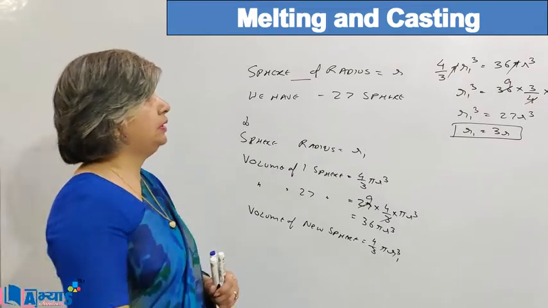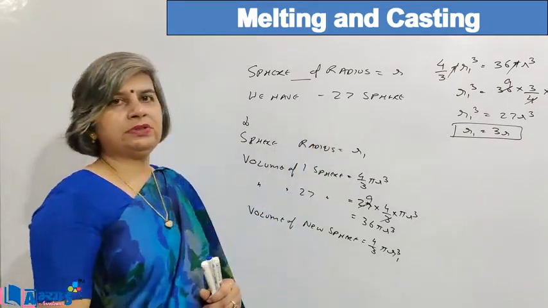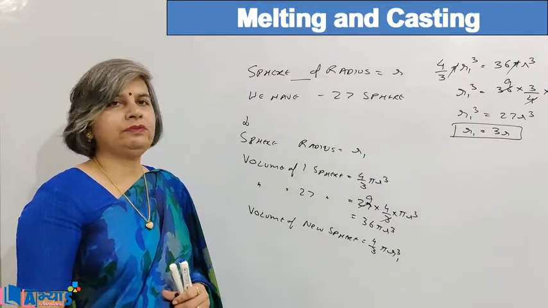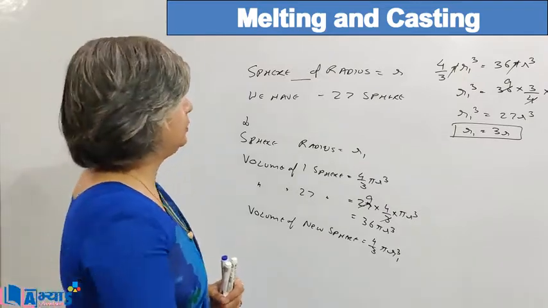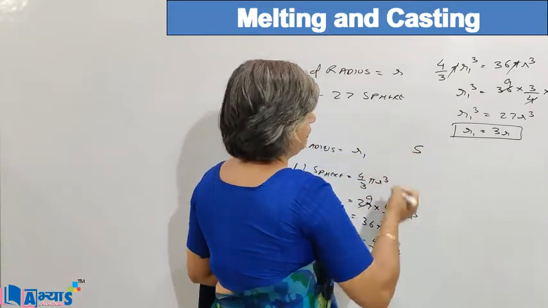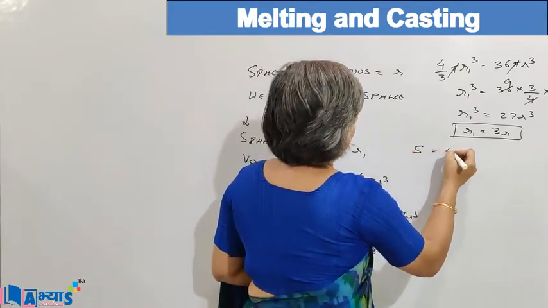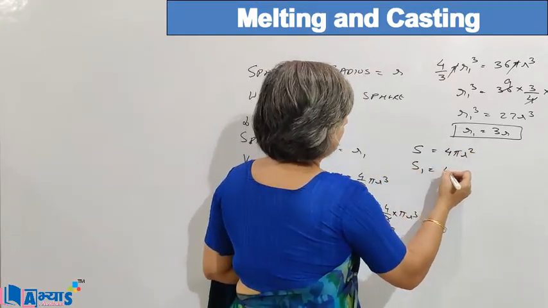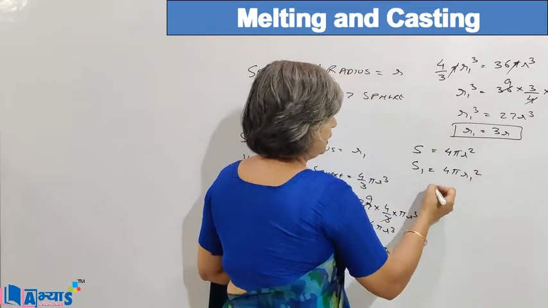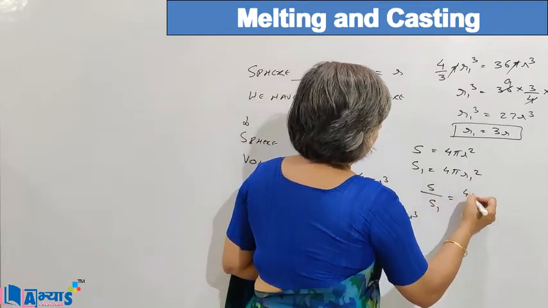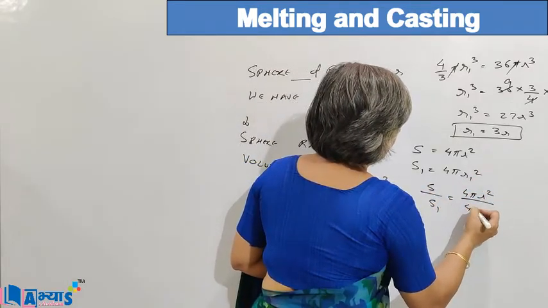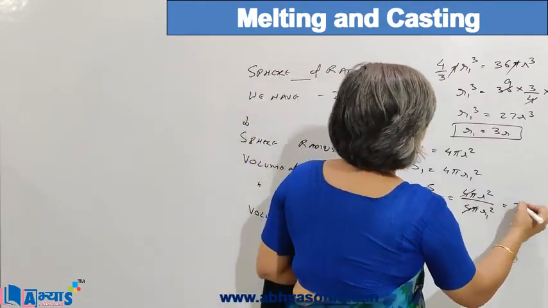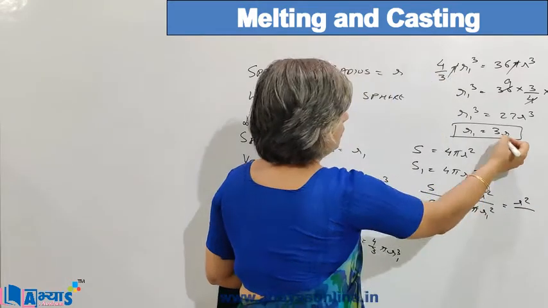In the question we were supposed to find the radius of the new sphere and also the ratio of the surface areas of the two spheres. The surface area of the original sphere, S, is 4 pi r square, and S1 is equal to 4 pi r1 square. So S upon S1 is equal to 4 pi r square upon 4 pi r1 square. 4 pi will cancel out, and r1 is equal to 3 times r.